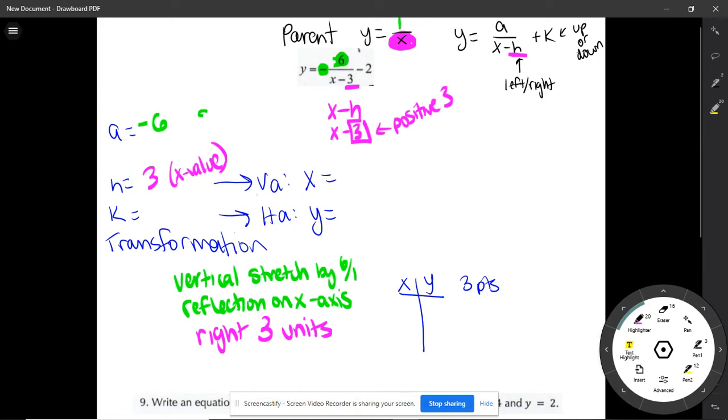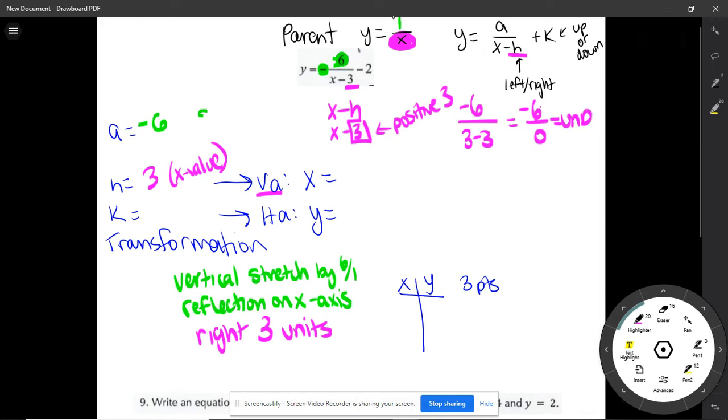That also will tell us that if I plug in 3 for x, I'm going to have 3 minus 3 in my denominator. And if I evaluate that, 3 minus 3 is 0, which we know I cannot take something and divide it by nothing because that's going to give me undefined.